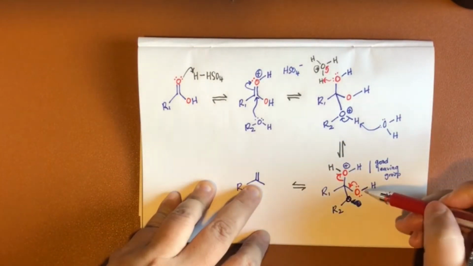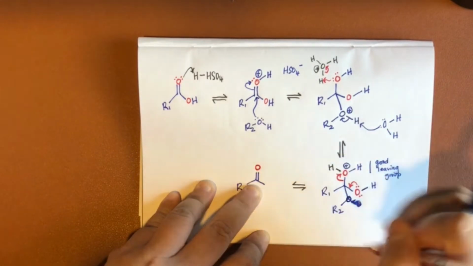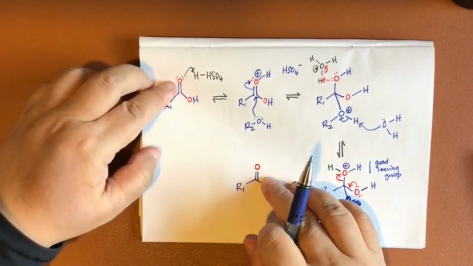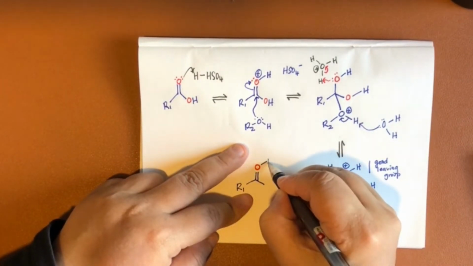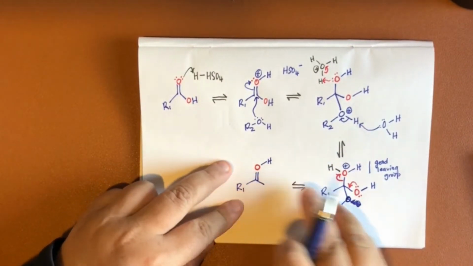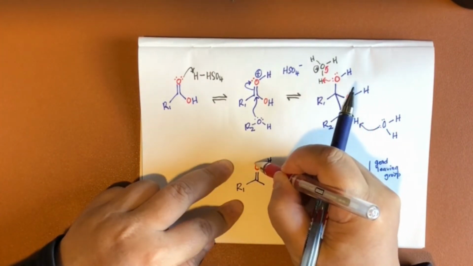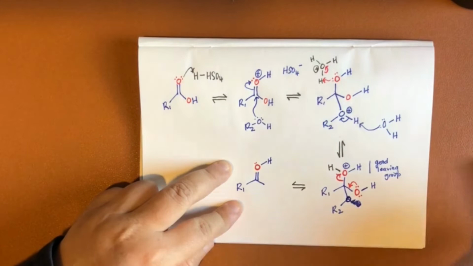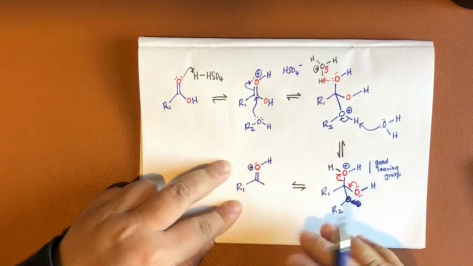Remember the oxygen here remains, still coming from the carboxylic acid, and it still has the hydrogen there. You still have that single lone pair and it is positively charged at the moment.